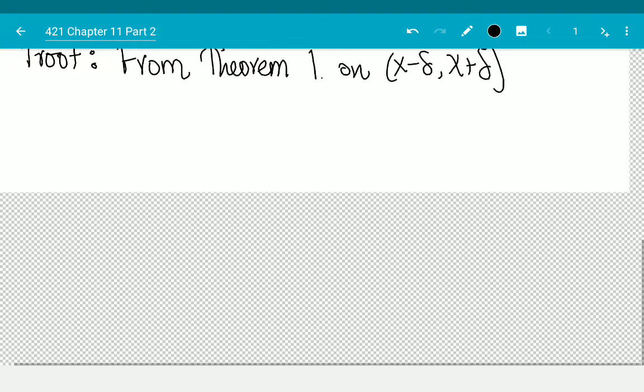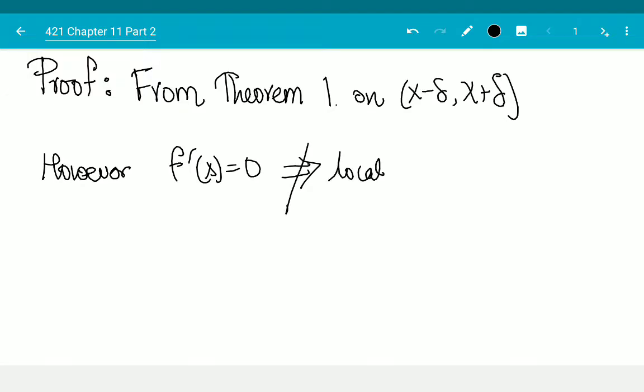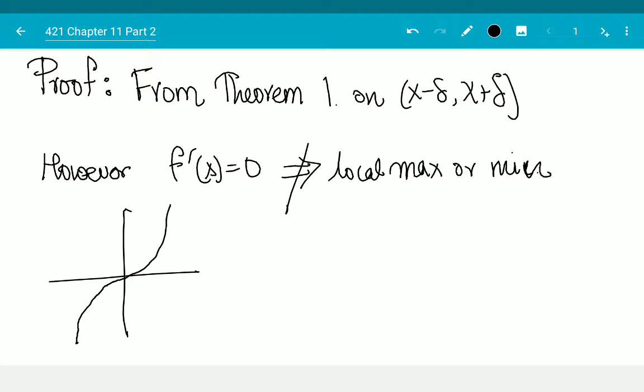However, you have seen that the other way is not true, in case you don't remember from Calc 1. f prime of x equal to 0 does not mean local max or min. The easiest standard counterexample is the function f of x equals x cubed, or frankly any odd function. f prime of x is equal to 3x squared.